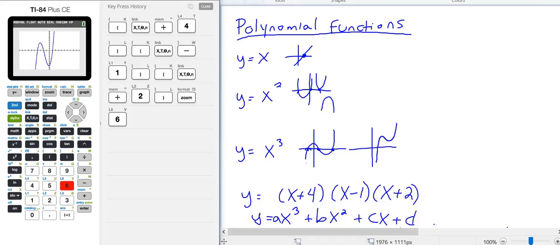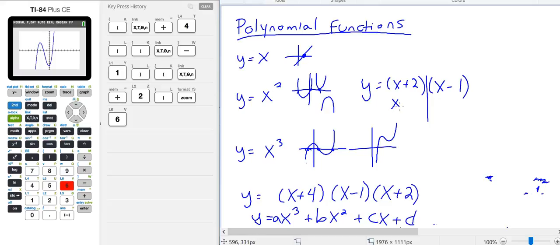If you remember when we had quadratic functions, let's say we had y is equal to x plus 2 times x minus 1. To find where the quadratic function crossed the x-axis, to find the x-intercepts, to find the roots, to find the zeros, they're all the same thing, we set each of the factors equal to 0. So we did x plus 2 is equal to 0, and then we solved this, minus 2 and minus 2, x is equal to negative 2.